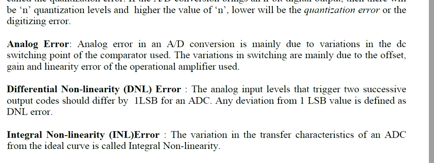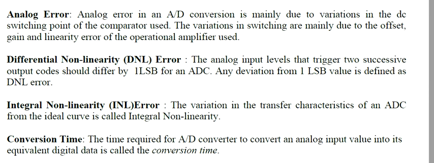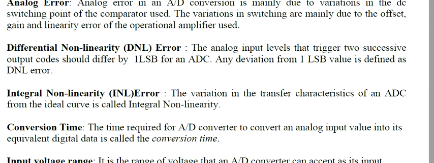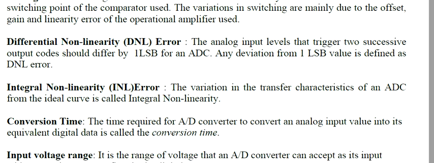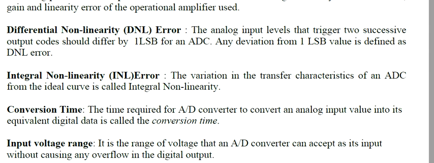Then integral nonlinearity is the variation in the transfer characteristics of an ADC from the ideal value. Then conversion time is the time required for the analog to digital converter to convert the analog input value into its equivalent digital data. Then input voltage range is the range of voltage that an analog to digital converter can accept as its input without causing overflow in the digital output.